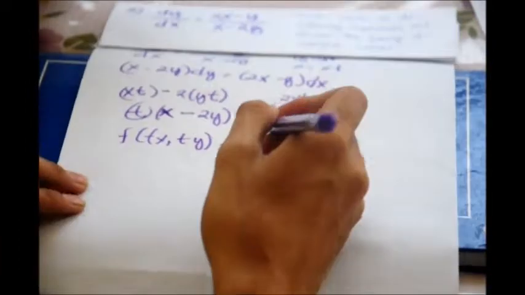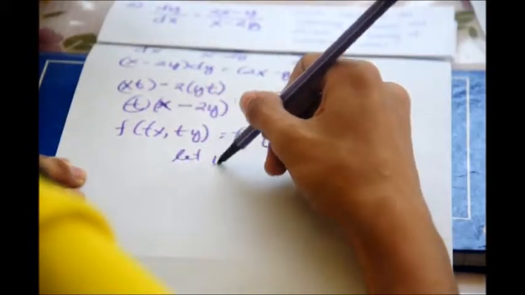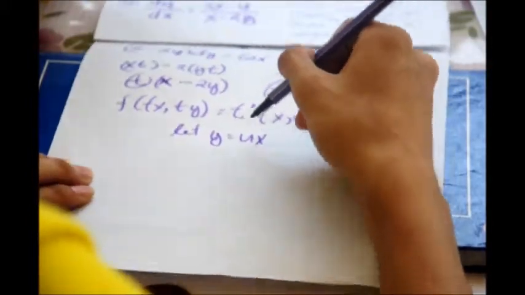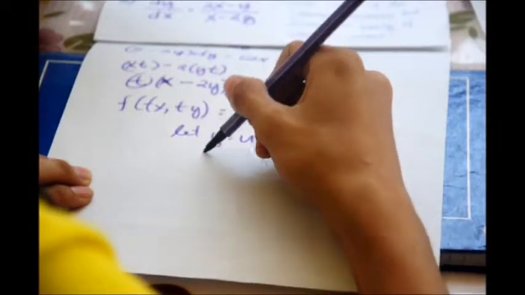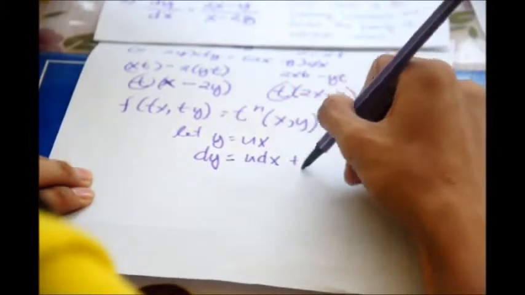So since it is homogeneous, we let y equals ux and get the derivative. So dy equals u dx plus x du.